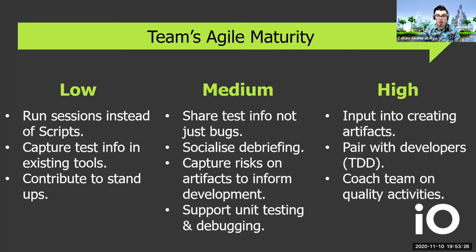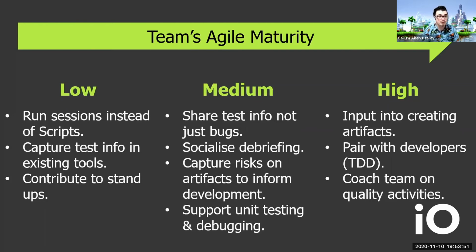I've done this a lot quite early on. I pair with the developer to say, talk me through the unit tests that you've put in place here. Let's look at coverage. Or we haven't thought about these negative cases, let's add some stuff for that. Or here's a bug, I can help you debug it. I can run it through with you. Let's put some breakpoints in the code and run through it together. That will really help to be that trusted advisor, because you're helping them to solve the problems. You're not just giving them problems and running away.